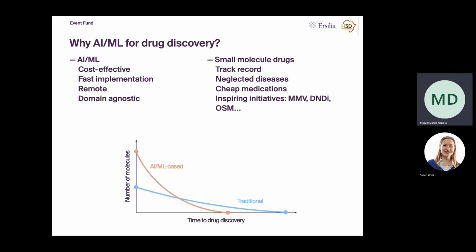All right. So a little bit of context of why do we think that machine learning and artificial intelligence can be useful for drug discovery. I would say that the main advantage of machine learning and artificial intelligence is that it's a very cost and time effective tool. It's experiments that you can do with your computer.